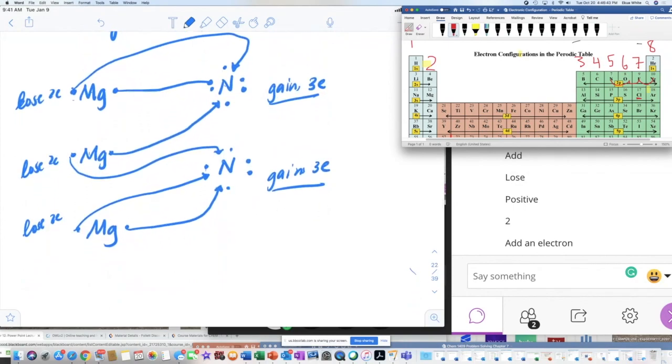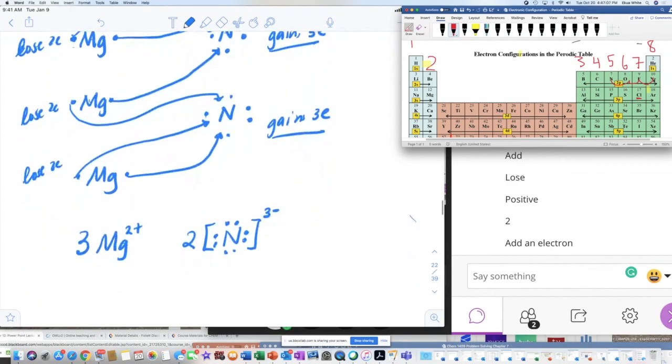So in the end, when we're done with this, we consolidate, right? 1, 2, 3 magnesium. It took 3 magnesiums to each gain a charge of +2. And then as the 3 magnesium lost their 2 electrons, it took 2 nitrogens to become like this in order to have the sufficient charge. Each one gained 3, right? So it's like this.